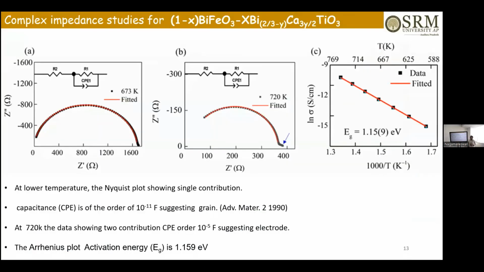Further, we are studying whether the composition is conductive or not. Using this custom-made impedance probe setup, we measured the impedance of this composition.